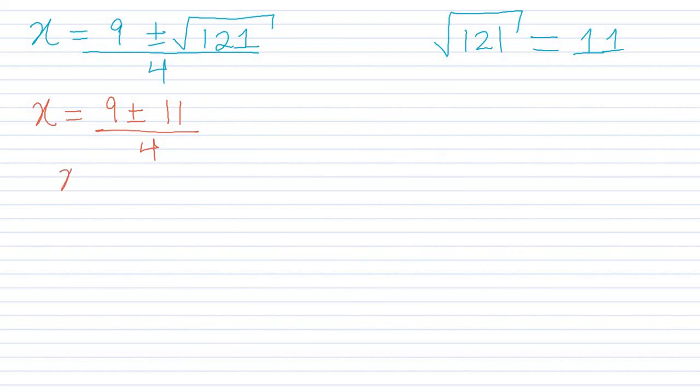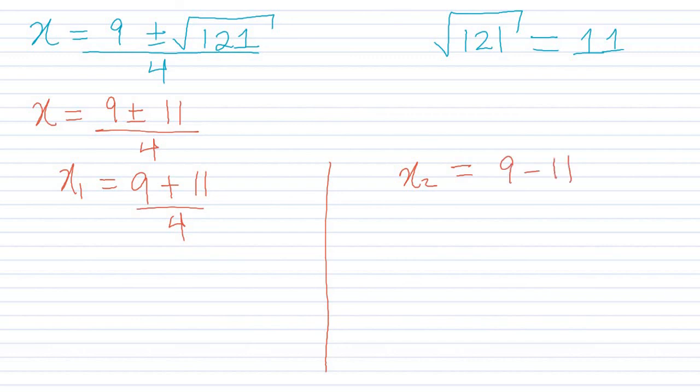So we have x1 and x2. Let x1 be the one where we use the positive: 9 plus 11 divided by 4, and x2 equals 9 minus 11 divided by 4. So x1 is 9 plus 11, that's 20, divided by 4. And 20 divided by 4, we know that to be 5.